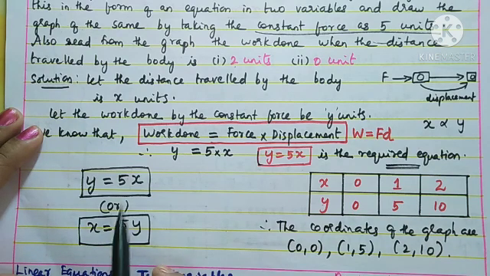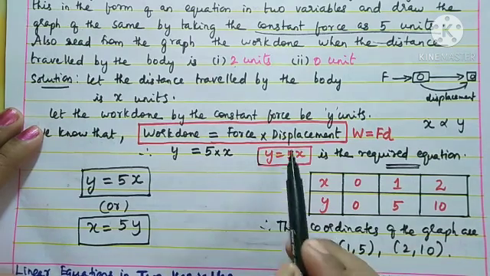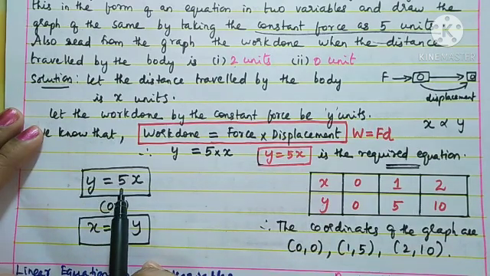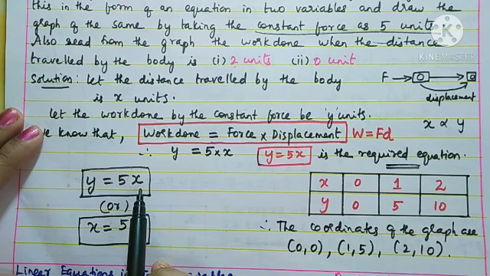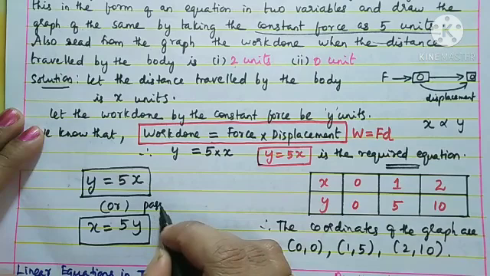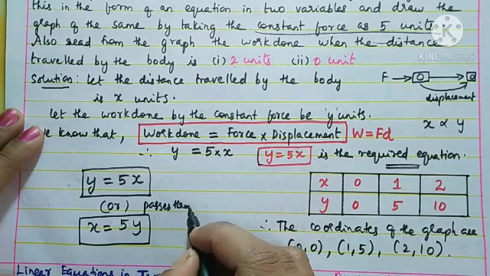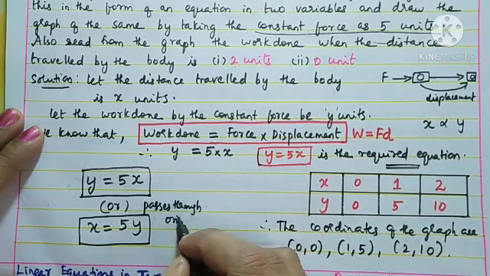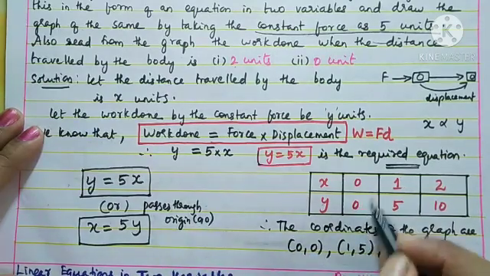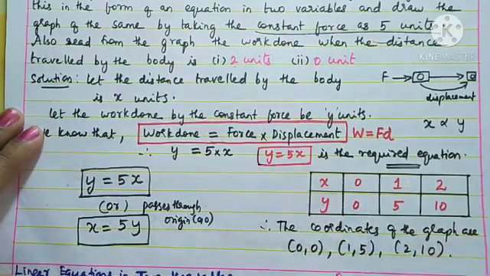Understand? So this is an important point, children. This type of equation, a variable is equal to constant into another variable, is in this way it is coming. This always passes through origin. Origin means 0, 0. So that always will satisfy this important point.